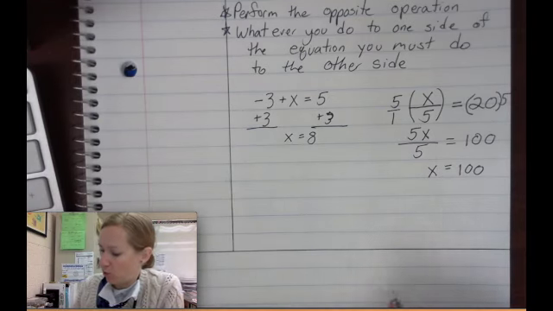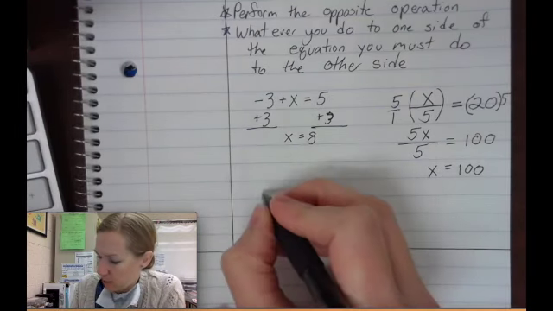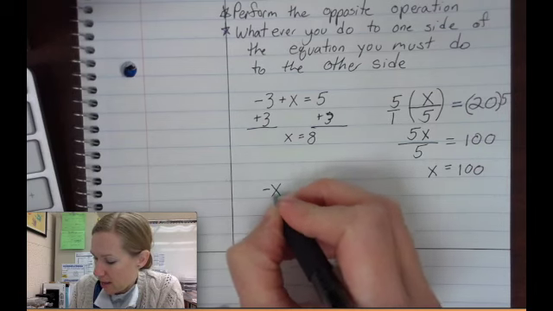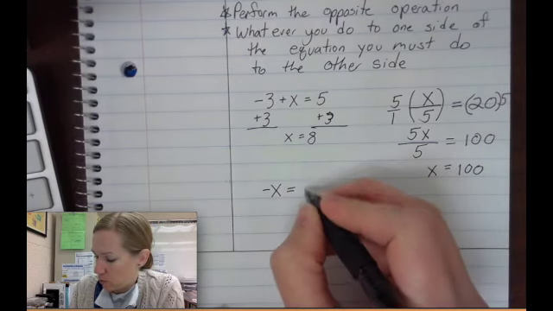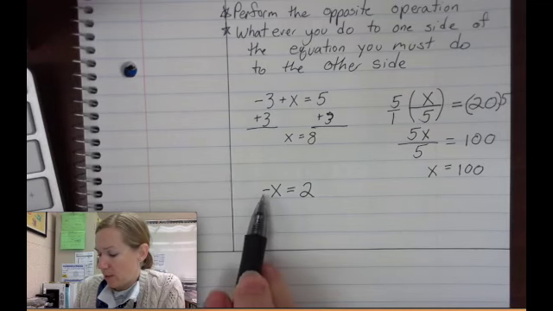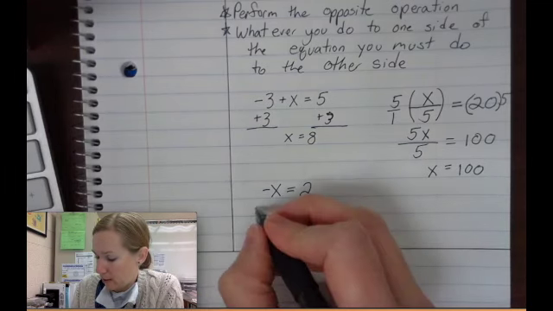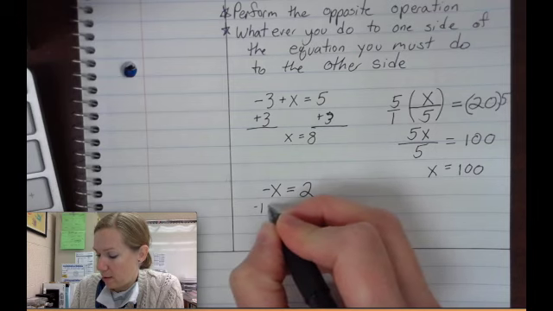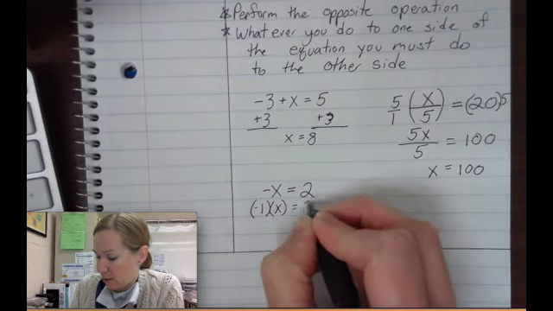One that I want to show you real quick is what happens if you see negative x equals 2. As a reminder, this here is really negative 1 times x equals 2.